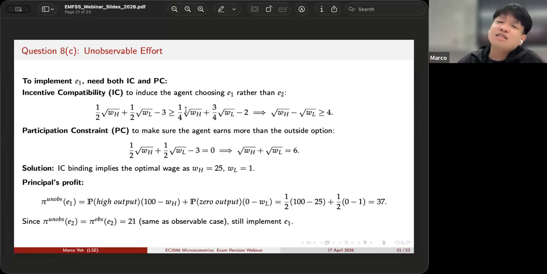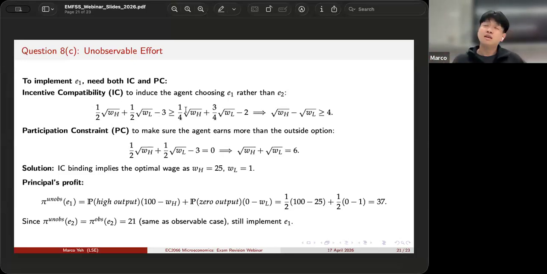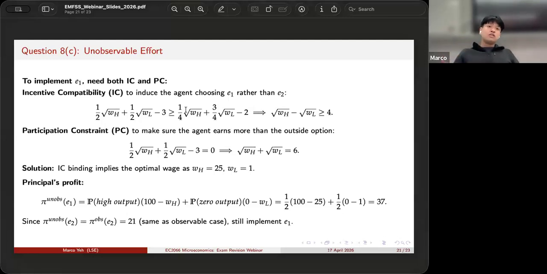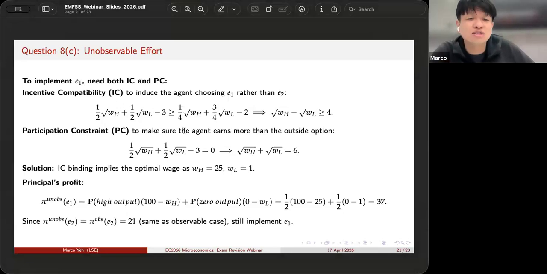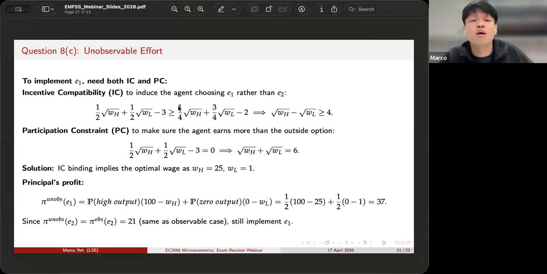Because now the agent has the discretion to decide whether to exert high or low effort. There is no direct control on the effort level exerted by the agent by assumption. But as a principal, I want to induce them to do high effort. If that's the case, then I need to design the wage level such that this inequality holds.